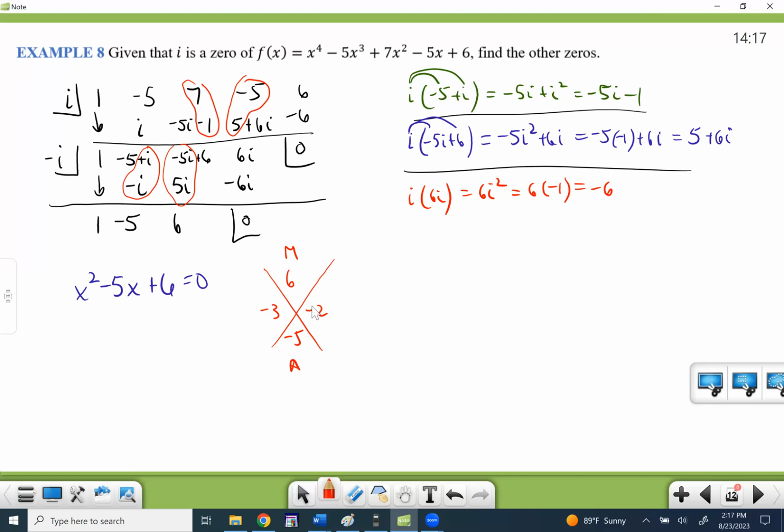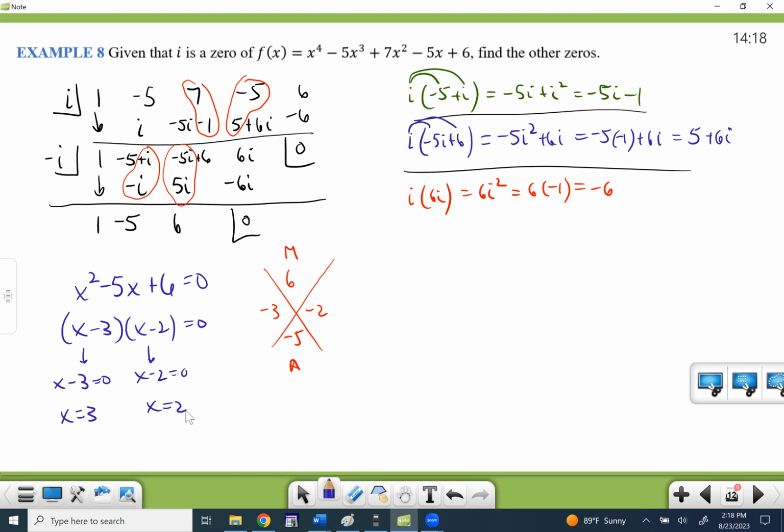A negative times a negative equals a positive. A negative plus a negative stays negative. So this will factor as x minus 3, x minus 2. So when we set this equal to 0, we get 3. And when we set this one equal to 0, we get 2.